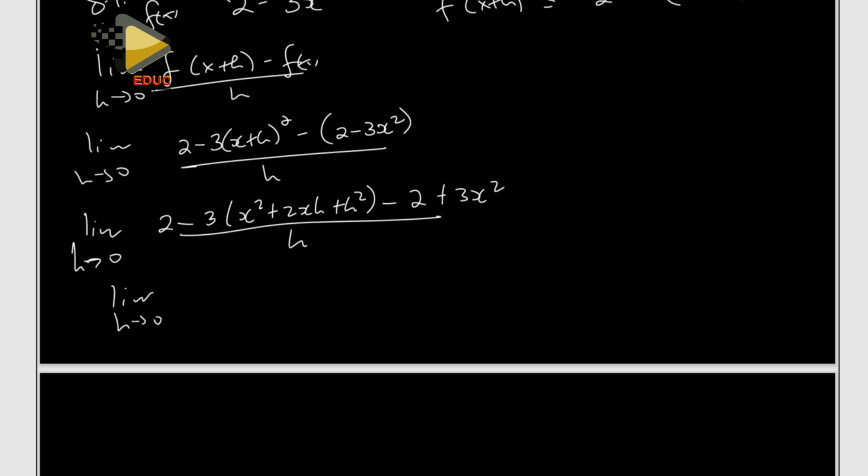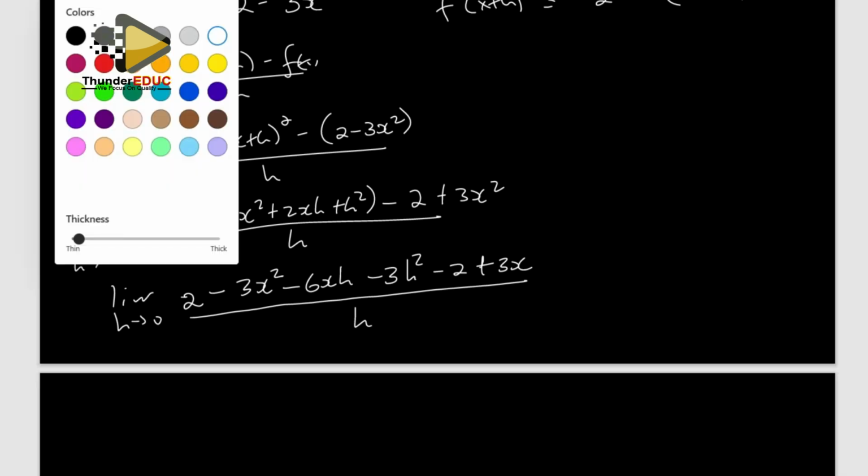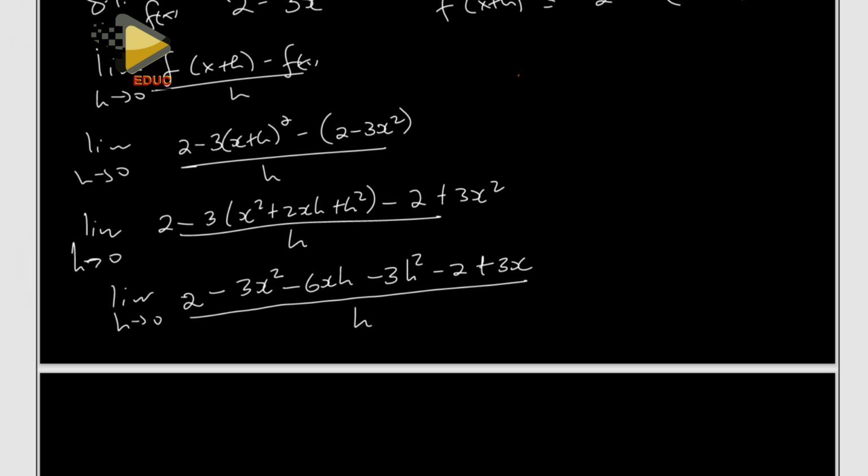Limit as h tends to 0 is going to be 2 minus 3x squared minus 6xh minus 3h squared minus 2 plus 3x squared, over h. Then I just need to cancel what might seem to be common on top. So these 2 cancel that 2, then having this as 3x squared. Okay, so the 3x squared cancels the 3x squared. This is what I'm left with.